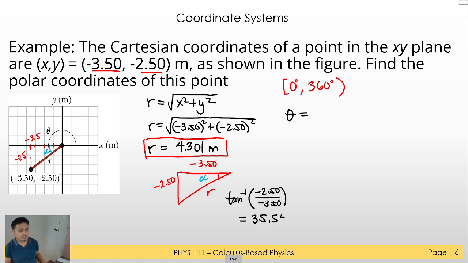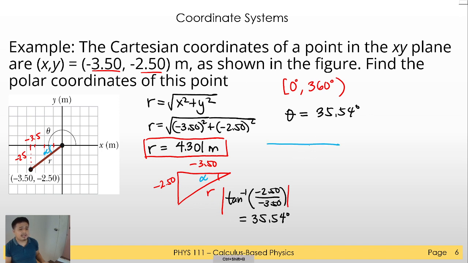Be mindful, guys, to take note here. Let's just always find the absolute value so that this will always be positive. So if we have a negative evaluation, let's make it positive for now. So we have here 35.54. Is that right? Is that final? Not yet.